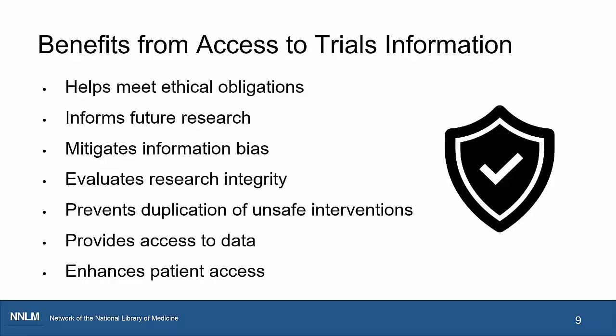It provides access to data that support evidence-based medicine and enhances patient access to clinical trials. Taken together, these benefits contribute to increased public trust in clinical research. As former NIH Director Dr. Francis Collins said, access to more information about clinical trials is good for patients, the public, and science.